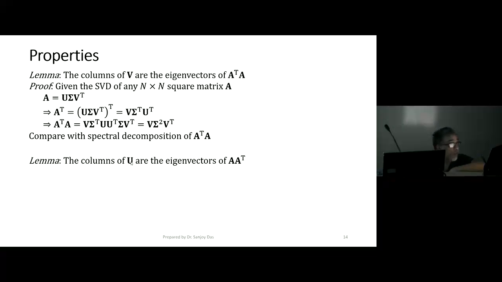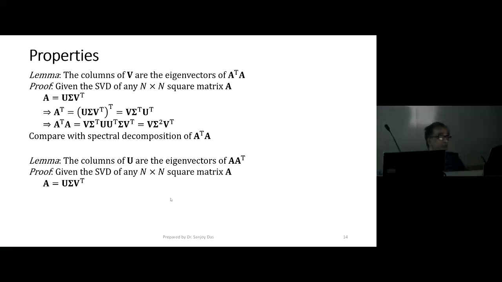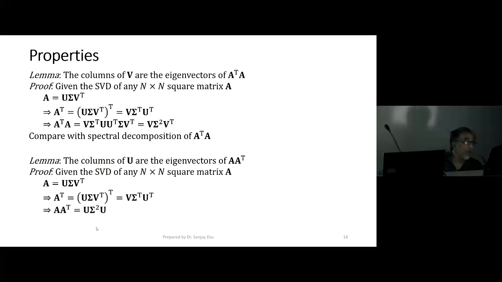The columns of U are the eigenvectors of A A transpose. Here, again, we take A equals U sigma V transpose, and A transpose is V sigma transpose U transpose, and then we take the product, and that gives us U. This sigma square should be replaced with what?